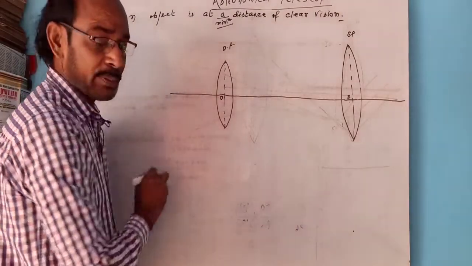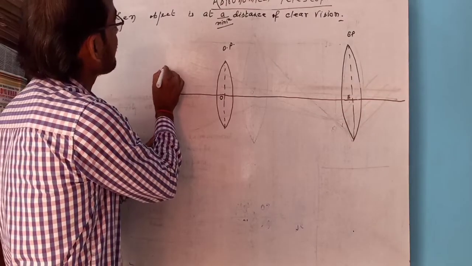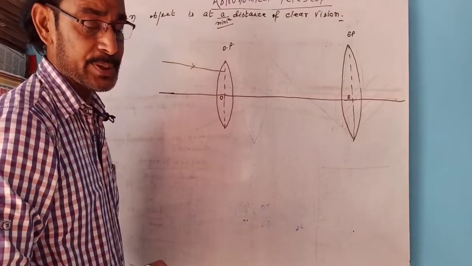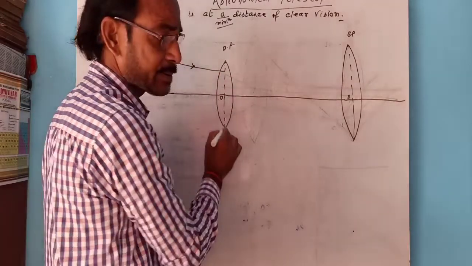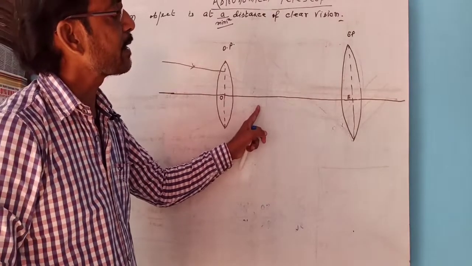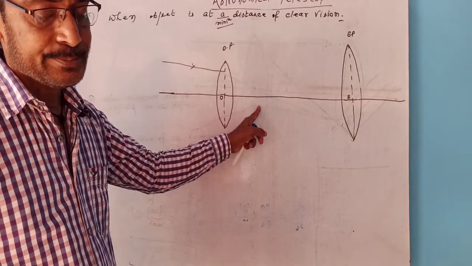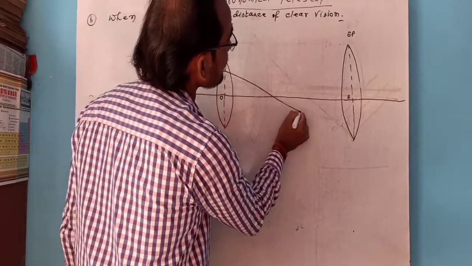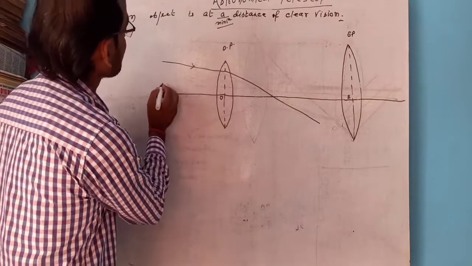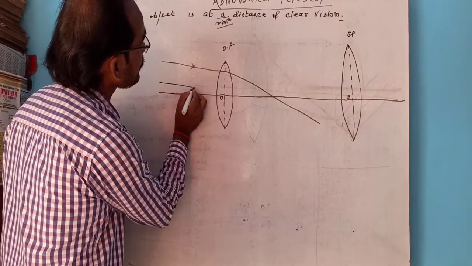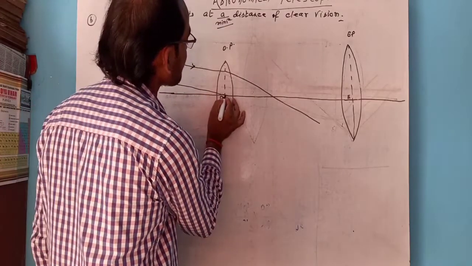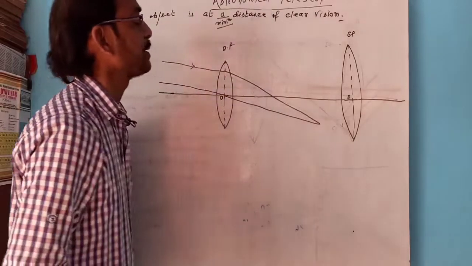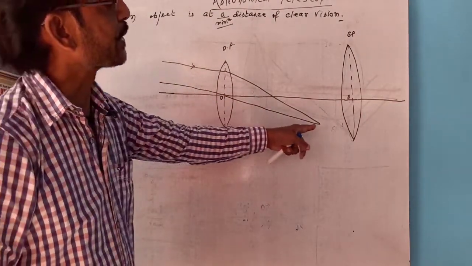Now, a ray from infinity, when incident on the objective piece, converges to cut the principal axis at a certain point, and another ray passing through the optical center is refracted to meet at that point where the first ray goes.